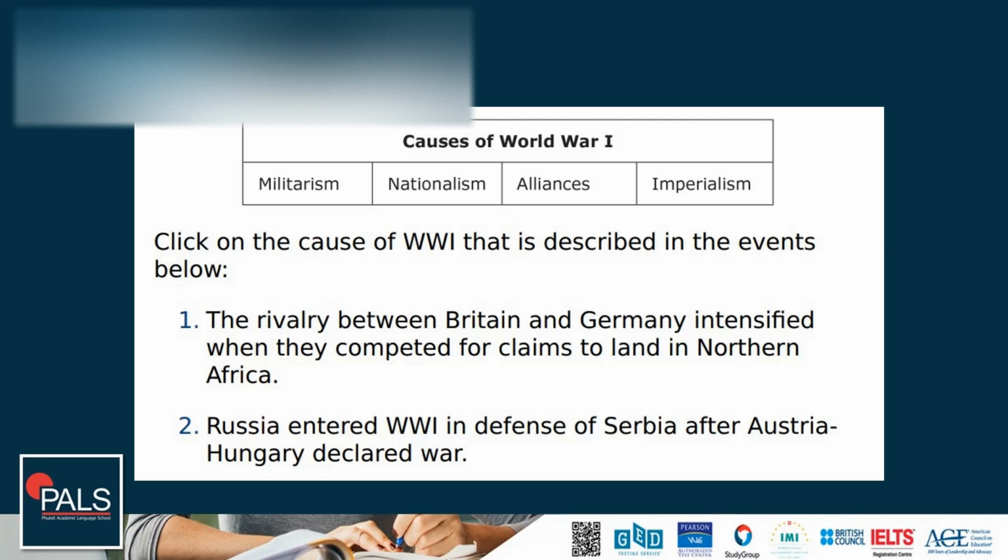Then if we look at imperialism, well, we've already used imperialism, so it's not that likely. And also, there's no mention of territories or colonies, and actually Russia and Serbia were not really part of the European colonial expansion. So, alliances makes the most sense and is the correct answer for 2.